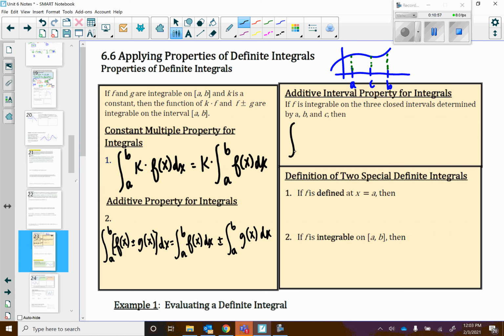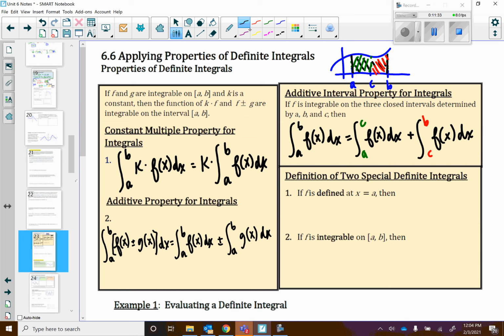That says if I have the integral from a to b of some function with respect to x, so that's like this drawing right here, this area is equal to the integral from a to c of this function with respect to x plus the integral from c to b of our function.